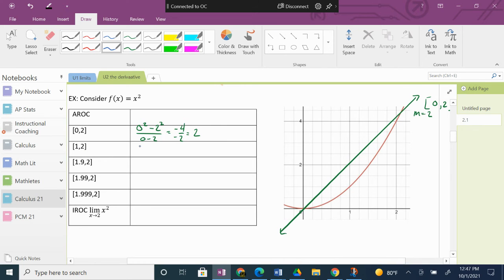So, 1 squared minus 2 squared over 1 minus 2. 1 squared is 1, 2 squared is 4. 1 minus 4 is negative 3. 1 minus 2 is negative 1. I'm sorry, that should be a positive 3.